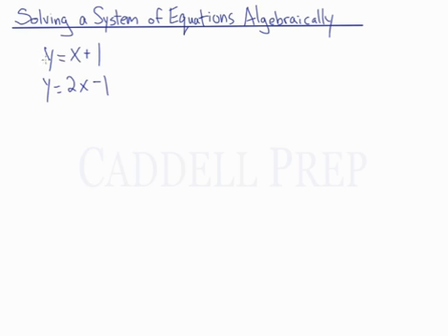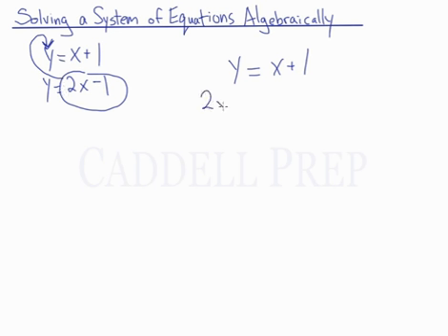So what we're going to do here is we see y equals x plus 1 and y equals 2x minus 1. We're going to take this value of y, because y equals 2x minus 1, and substitute it into this y. Okay, so the first thing we're going to do is rewrite this now. So instead of it being just y equals x plus 1, we have that y is the same as 2x minus 1.